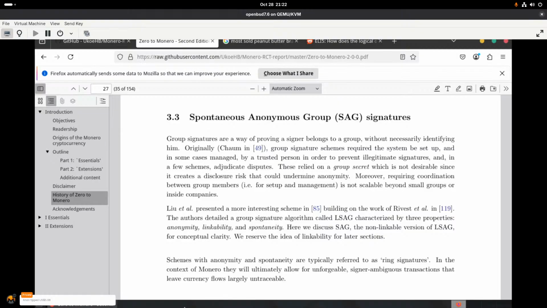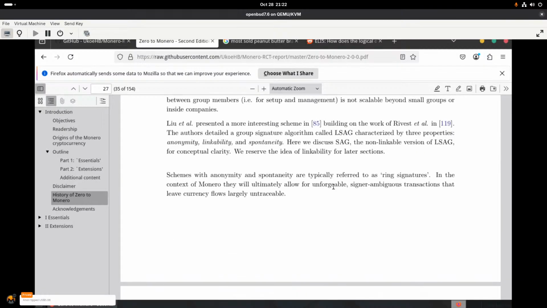Liu et al. presented a more interesting scheme, building on the works of Rivest et al. In 2004, the authors detailed a group signature algorithm called LSAG, characterized by three properties: anonymity, linkability, and spontaneity. Here we discuss SAG, the non-linkable version of LSAG, for conceptual clarity. We reserve the idea of linkability for later sections.